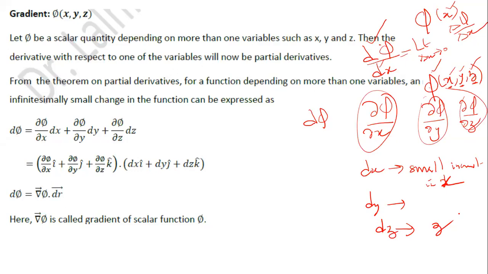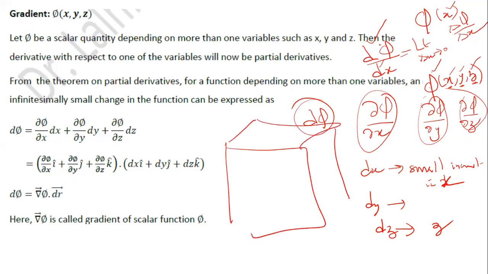So in order to change this function phi, let's say you have a certain three-dimensional space, something like this. If you have to change the phi value, phi is a scalar function.